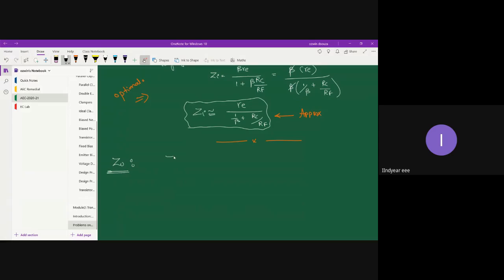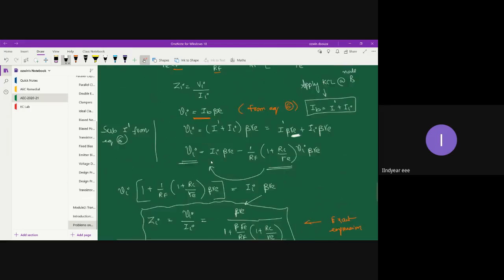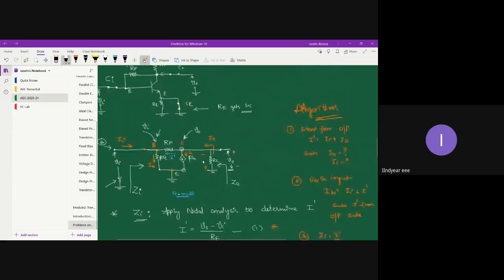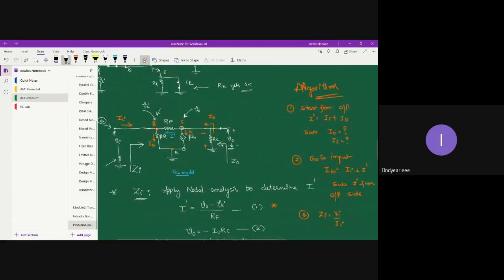By definition, Z0 is V0 by I0. Now, to find Z0, you can clearly observe in the circuit that Z0 is not RC alone, right?